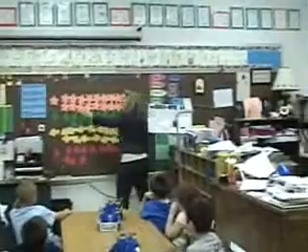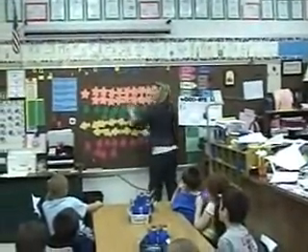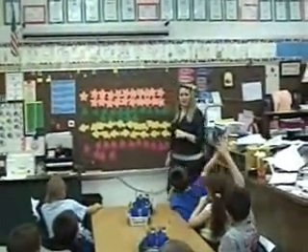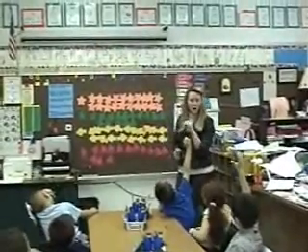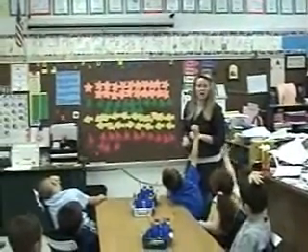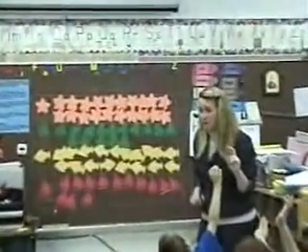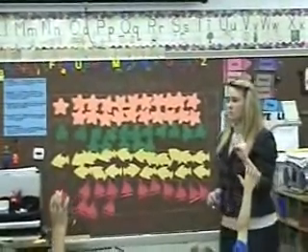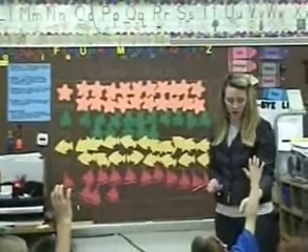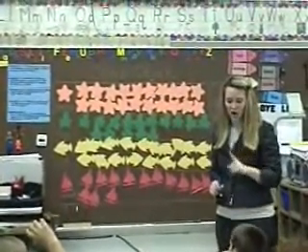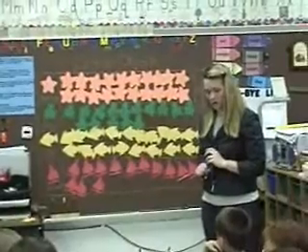And then we put the objects there. So you're thinking, who knows what type of graph this is? I'll give you two choices. It's either a bar graph or a pictograph. Avery, is it a bar graph or a pictograph?